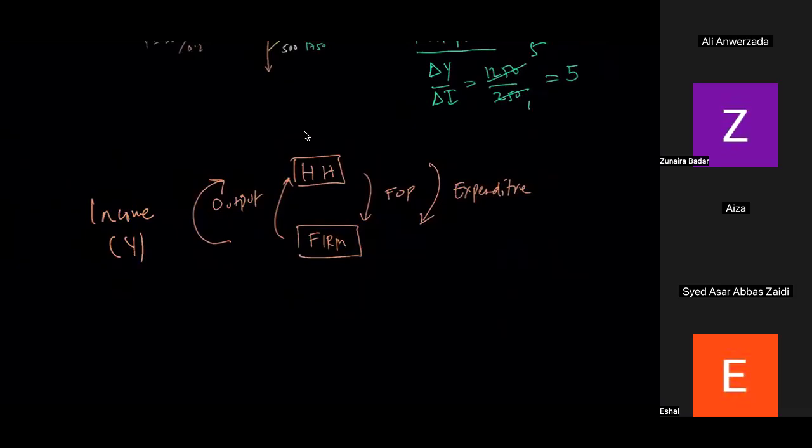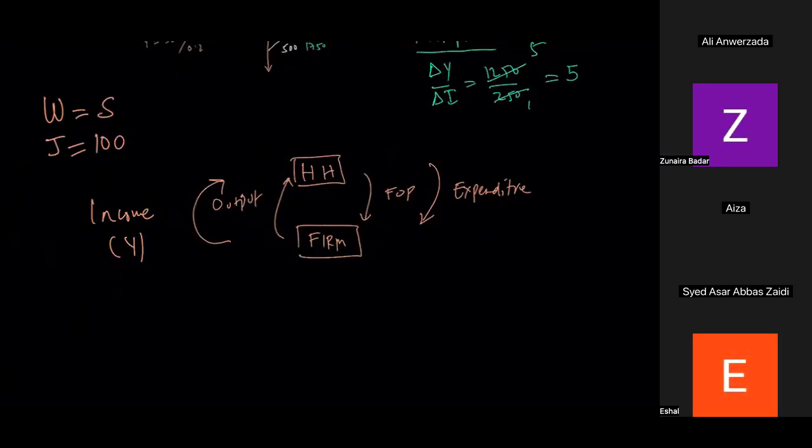So guys, when the household gets this income, now in a two-sector model, there is one withdrawal which is what you call saving, but there is one injection which is called investment.